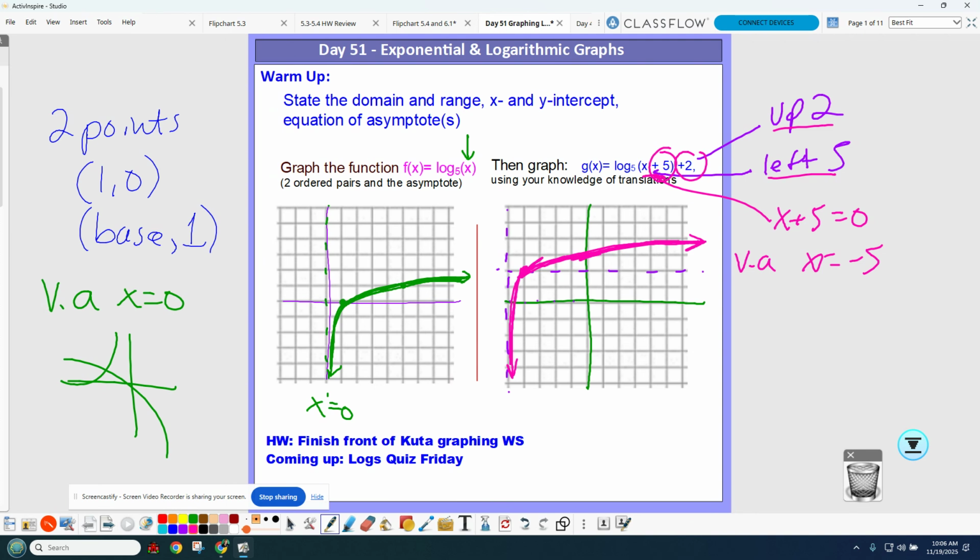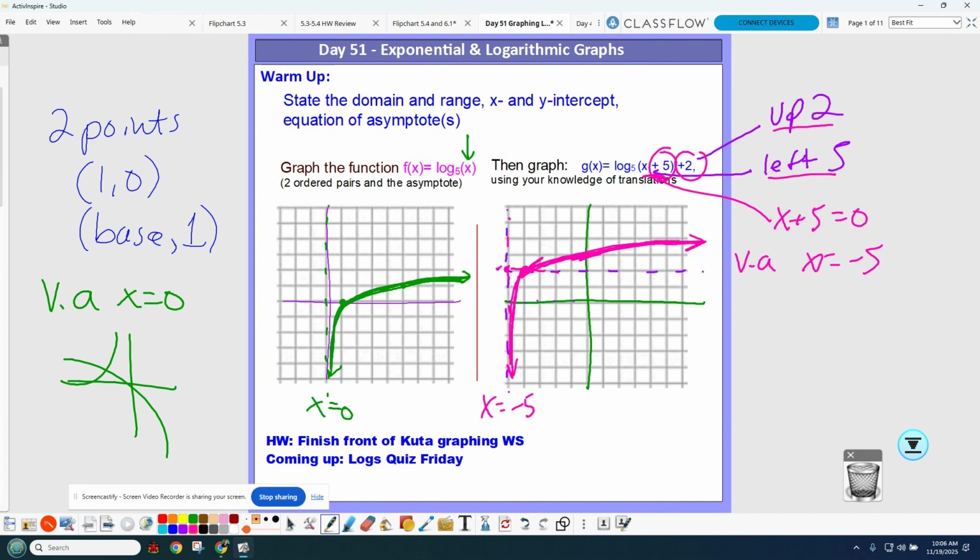So, vertical asymptote, x equals -5. And then, so Ella, I did what she told me to, and I moved left 5 and up 2. So from here, it's not really my origin, but it's, if I move things, it's where my origin kind of wanted to be. And now I'm going to plot the 2 coordinates that Joaquin said earlier. 1, 0, base comma 1.